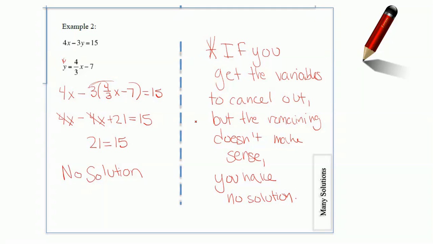Okay, keep that in mind. If you do the substitution correctly and your variables completely cancel out, but the remaining doesn't make sense, basically 21 equals 15, you have no solution. It is not a viable answer.